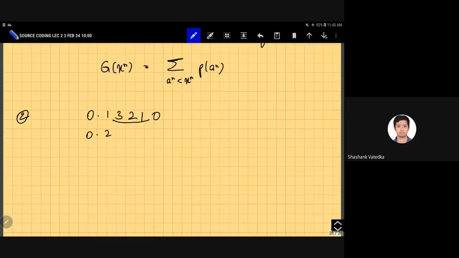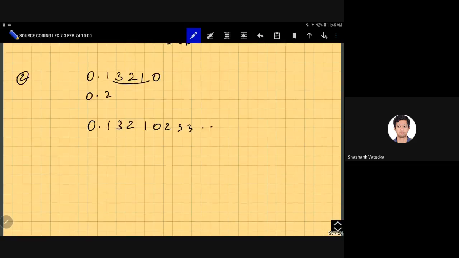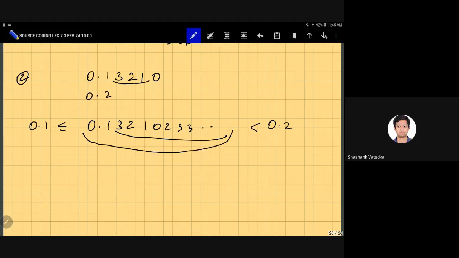So suppose I have a sequence xn and I observe the symbols one after the other: 1, 3, 2, 1, 0, 2, 3, 3, and so on. No matter what the rest of the sequence is, this is always greater than or equal to 0.1 and strictly less than 0.2. So the rest of this sequence always lies in the interval between 0.1 and 0.2.